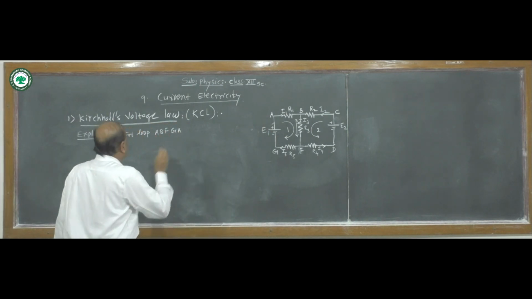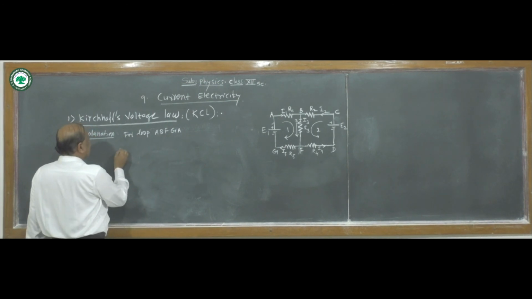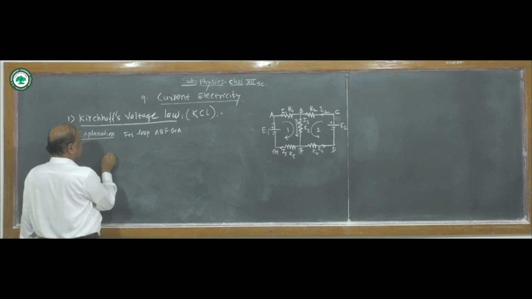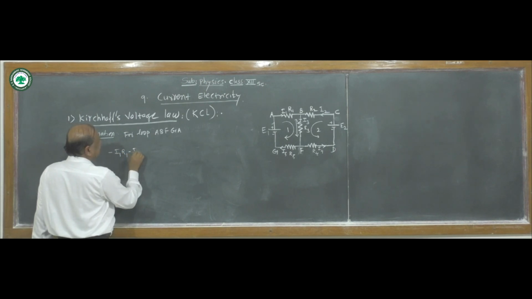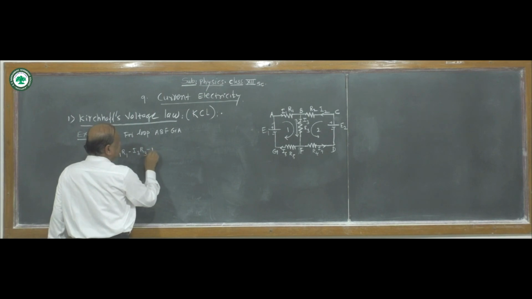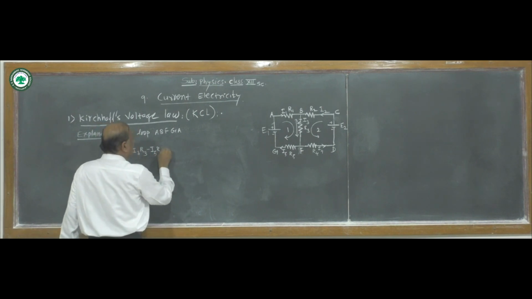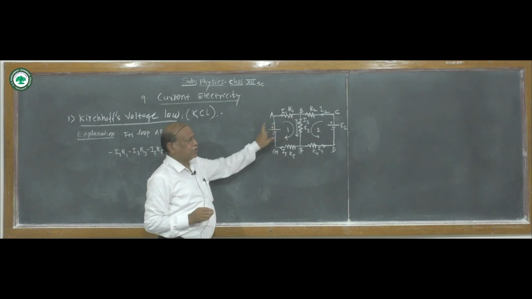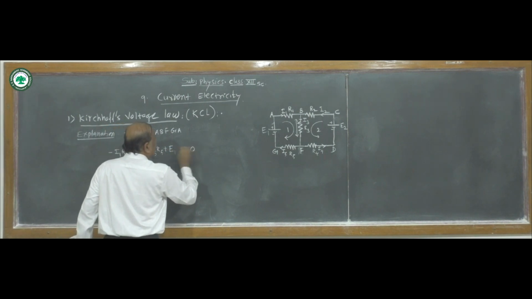Applying Kirchhoff's voltage law and the sign conventions, the PD across resistance R1 is minus I1 R1, minus I3 R3, minus I5 R5, plus, since we are traveling from negative to positive, the EMF is treated as positive, so plus E1 is equal to 0.